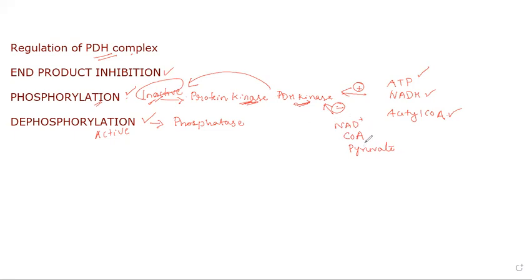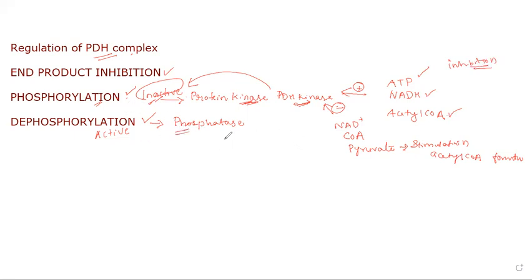So this NAD plus, coenzyme A and pyruvate help in the promotion of formation of acetyl CoA. Acetyl CoA formation is promoted by NAD plus, coenzyme A and pyruvate. ATP, NADH and acetyl CoA cause the inhibition of acetyl CoA formation from pyruvate.